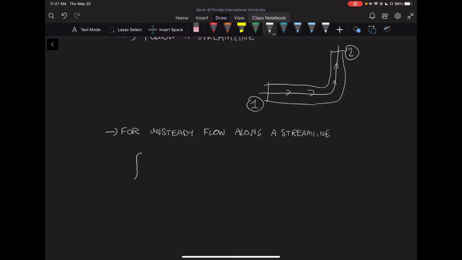Okay, we're just going to take a simple streamline, and we're going to say that this is equal to the integral from 1 to 2 of the change in velocity with time multiplied by ds, plus the integral from 1 to 2 of dp over density, plus 1/2 times v2 squared minus v1 squared, so the change in velocity between the 2 points, plus g times z2 minus z1.